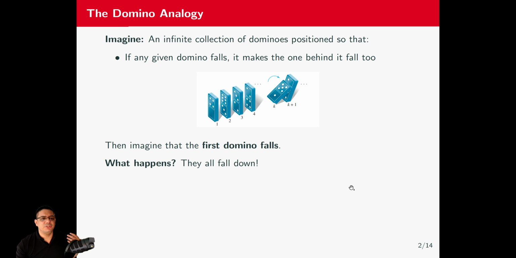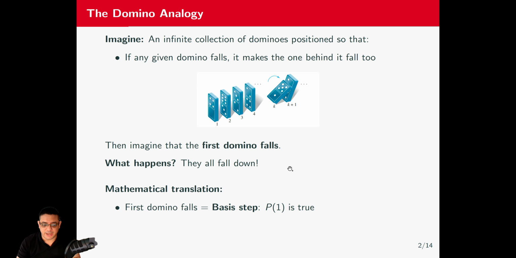So you can imagine this like a collection of dominoes in a row. If one domino falls, the one behind it is going to fall too. So if the first domino falls, what happens? They are all going to fall down. Why? Because the first domino falls, and then that's going to go to the next.